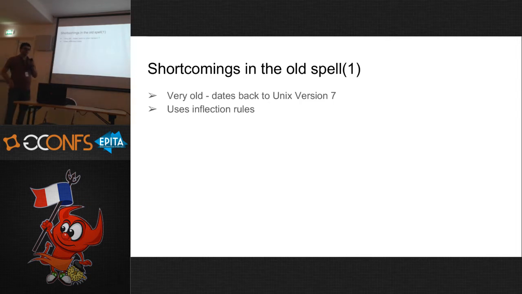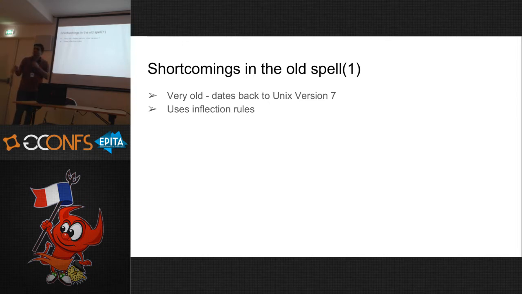The problem with this implementation is that, to decide whether a word is a correct spelling or not, it uses a set of rules called inflection rules. When looking at a word, it will first check whether the word exists as it is in the dictionary. If it doesn't, it has a list of prefixes and suffixes. It will check whether the word consists of any of these prefixes, and if it does, it will remove them.